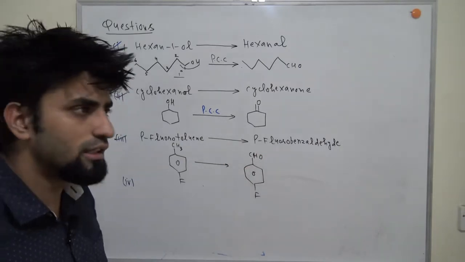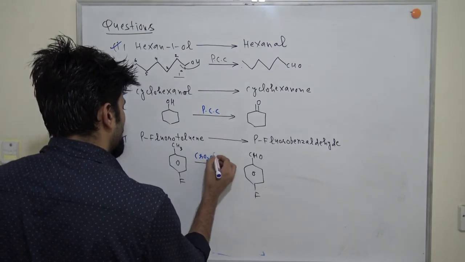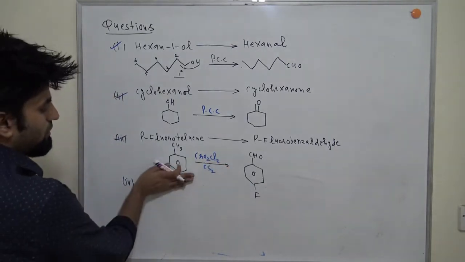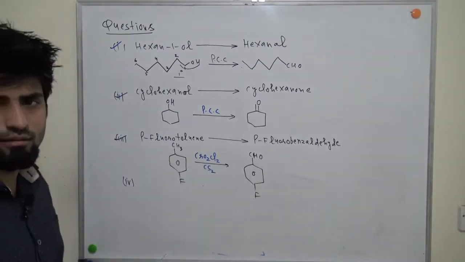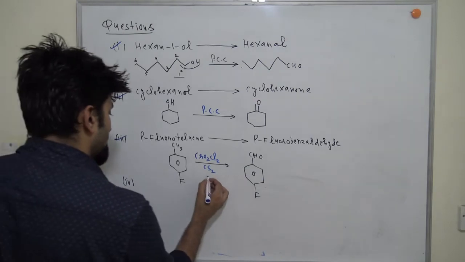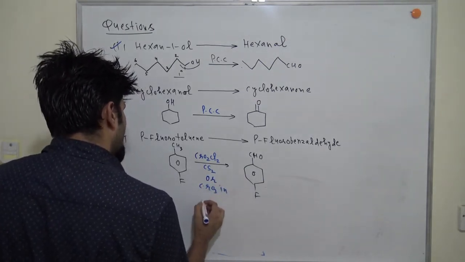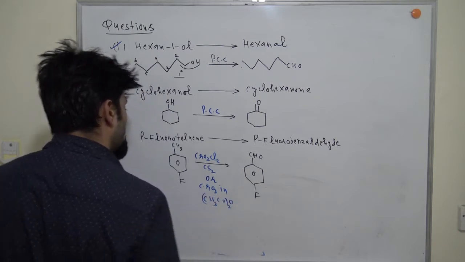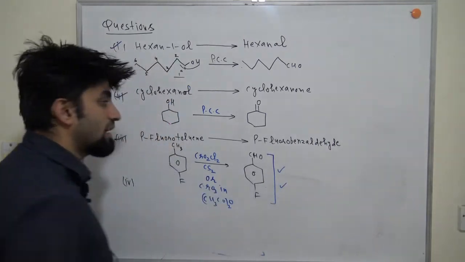You know the mild oxidizing agent CrO2Cl2, chromyl chloride in the presence of CS2, with toluene to CHO. We also call this reaction Etard's reaction. Or if you remember, we can also use chromium trioxide in the presence of acetic anhydride, (CH3CO)2O. Both of these reagents we can use, and this is a very important reaction, Etard's reaction.